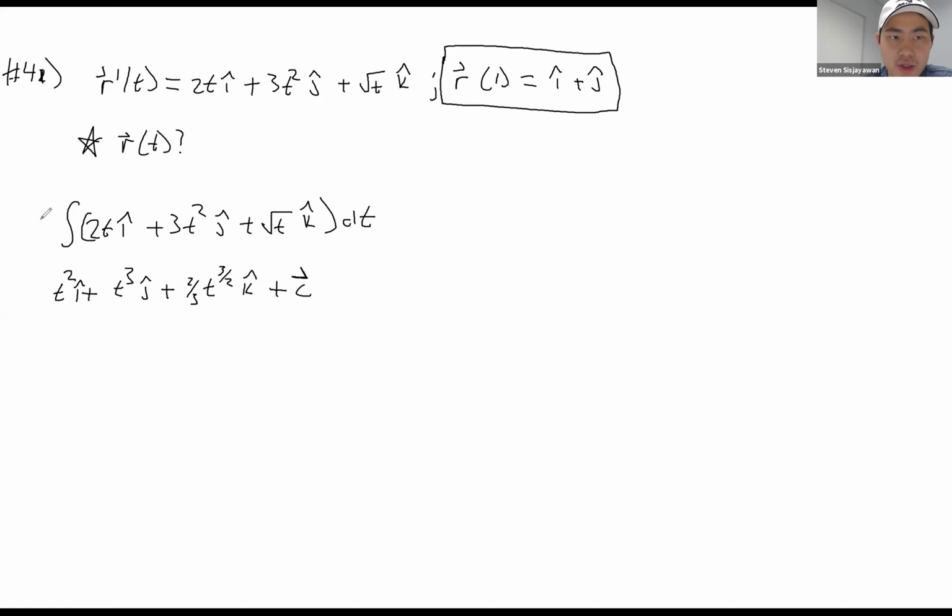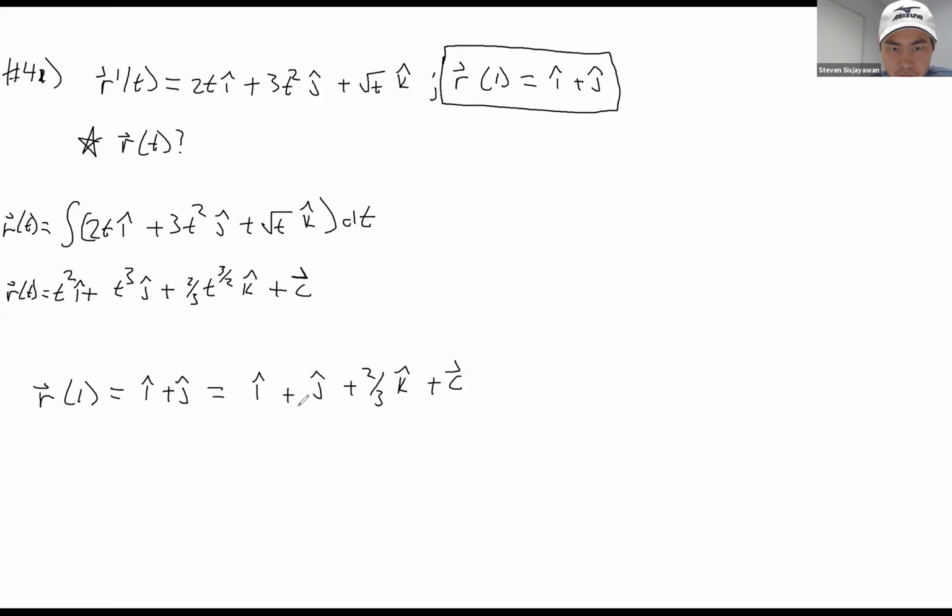Okay, so let's see how we can use this. So again, this represents r of t. So when t is equal to 1, we have i plus j, and that's supposedly equal to i hat plus j hat plus 2/3 k hat plus c.